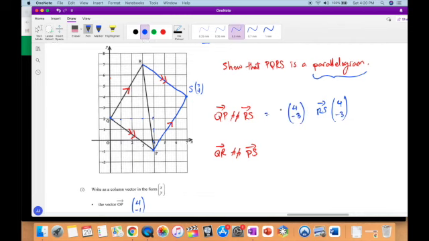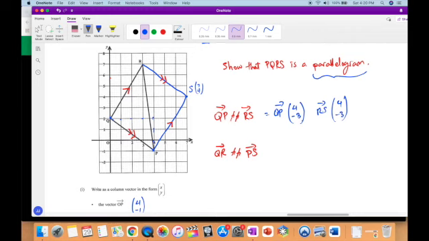Would you agree, Scotia? And if they are equal, would you agree that equal vectors go in the same direction? So then they are parallel.